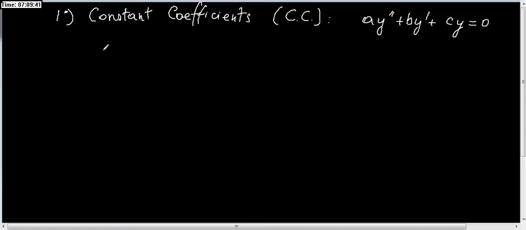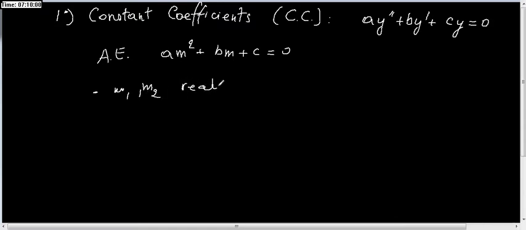In that case, we have an auxiliary equation which is a m squared + b m + c = 0. And we'll have three cases. When we have m1, m2 real solutions, then we'll find yc as c1 e^(m1 x) + c2 e^(m2 x).